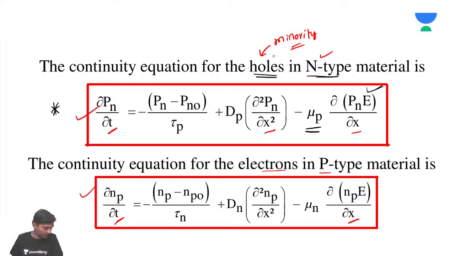In detail we have discussed why the increase or decrease of minority charge carriers is important. So go back and listen to the previous class. All of you who missed my class, I would request you to go back and listen. You'll definitely understand very clearly what the purpose of this continuity equation is.